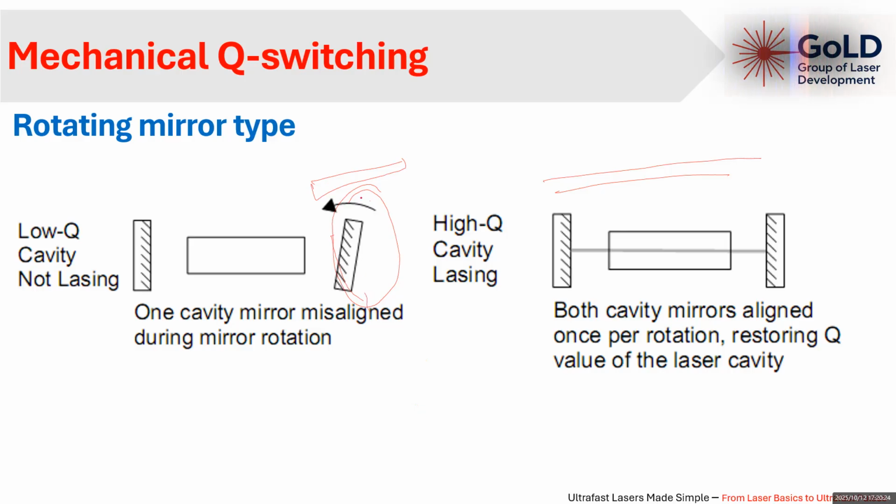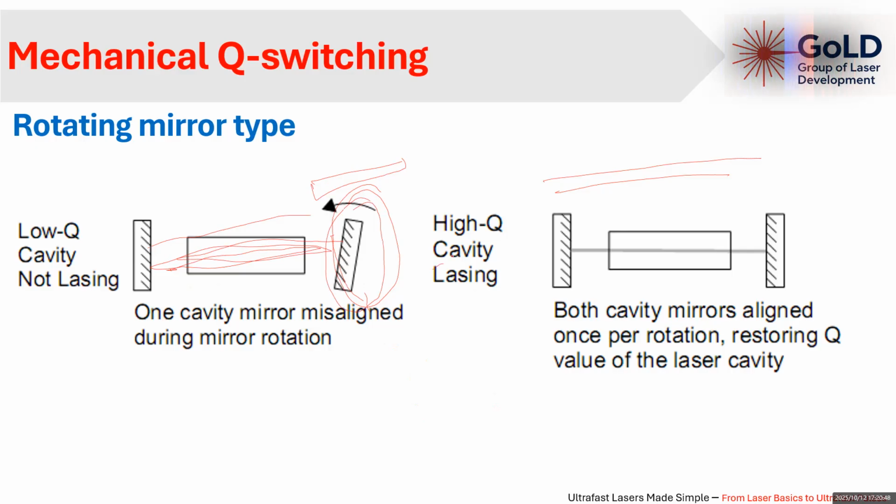So the cavity is misaligned in this case. If the cavity is misaligned, the oscillations will not work, okay? So there is no laser output, but the pump is not stopped. So population inversion is there, stimulated emission is there, okay? We just block the cavity.